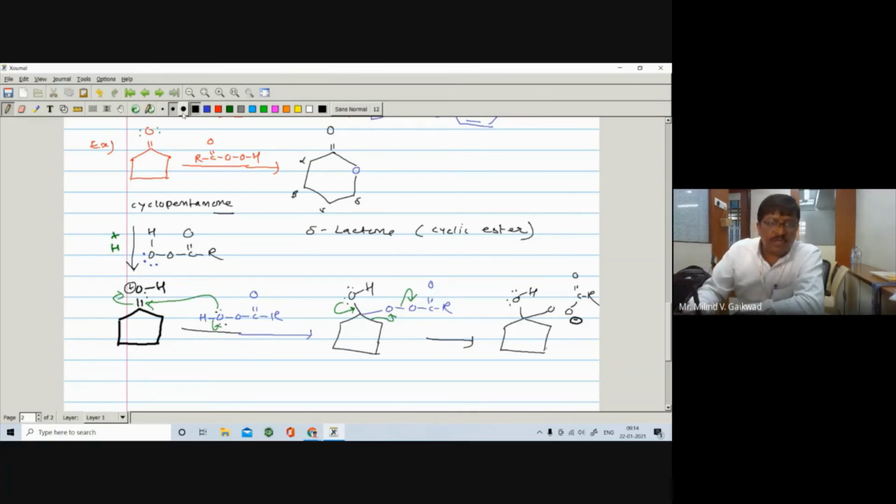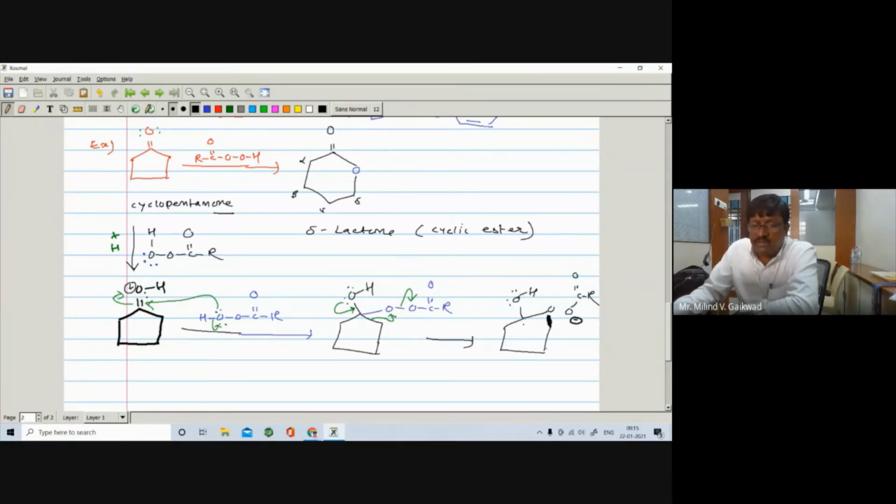As oxygen becomes positive, the bond between this carbon and this oxygen will break, and this bond will attack on this oxygen. So I have to write a bond between this oxygen and this carbon. So what is the size of the ring? The size of the ring becomes 6-member. It was a 5-member, it becomes a 6-member. As soon as it opens, this carbon carries a positive charge.